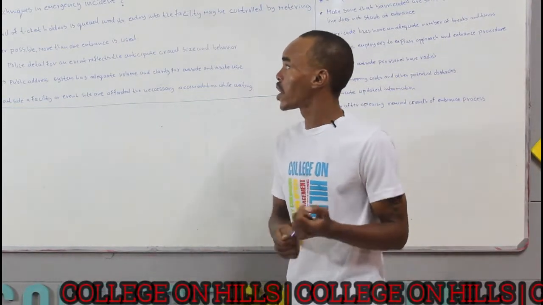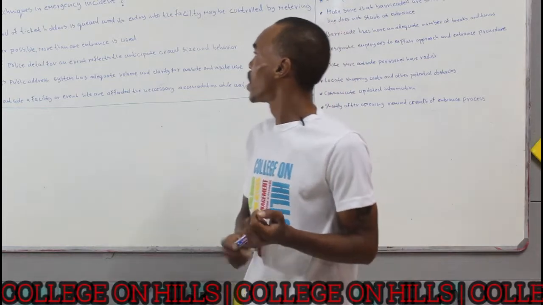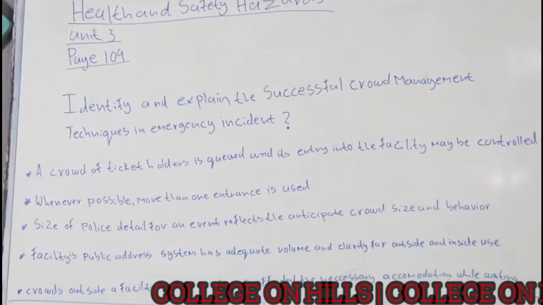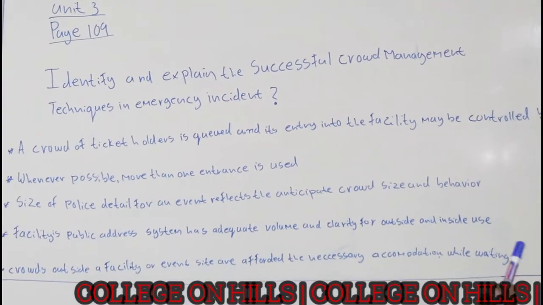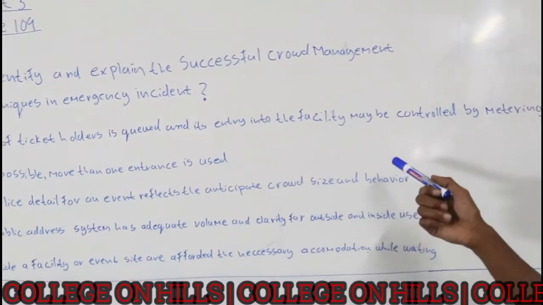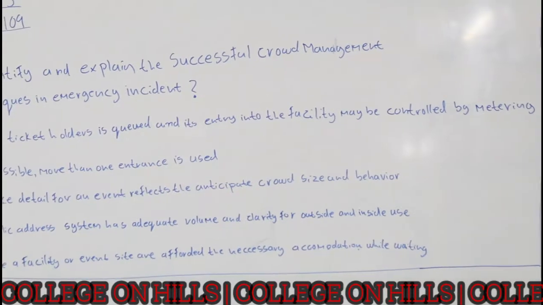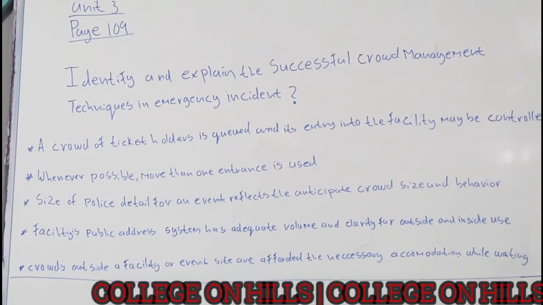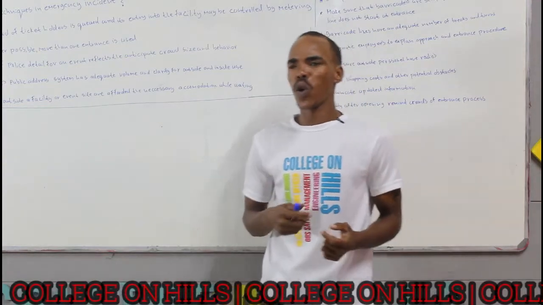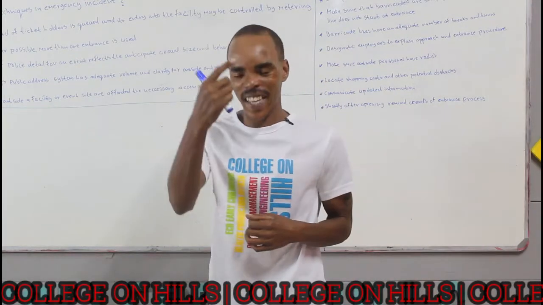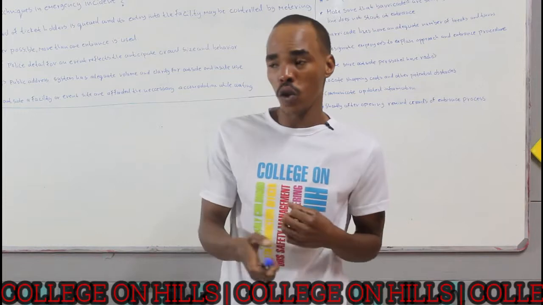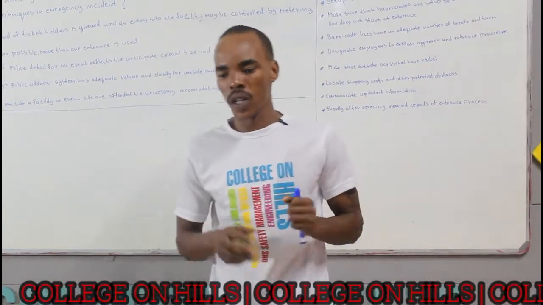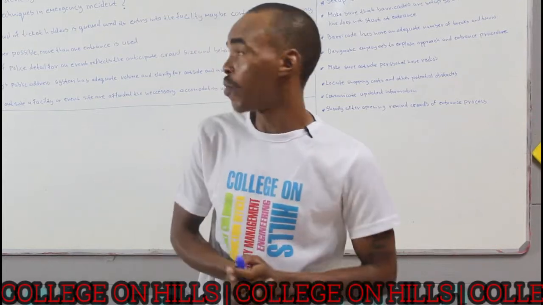The first pointer says, in an emergency incident, a crowd of ticket holders is queued and its entry into the facility may be controlled by metering. In an emergency or at an event, we have to control how people get in and go out of the particular place or the area where we are hosting the event.